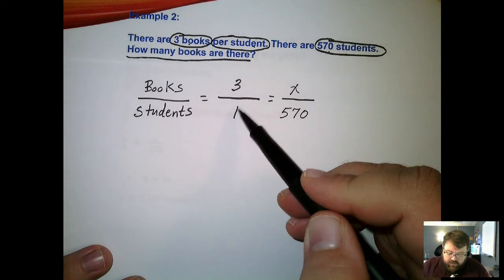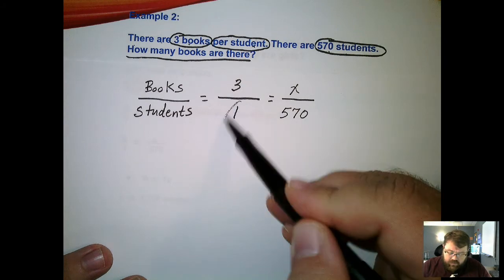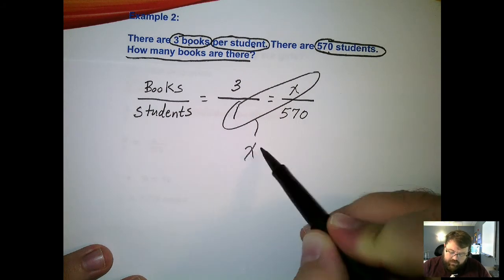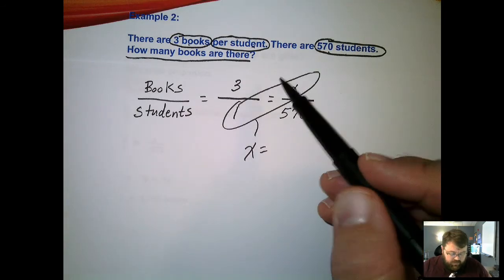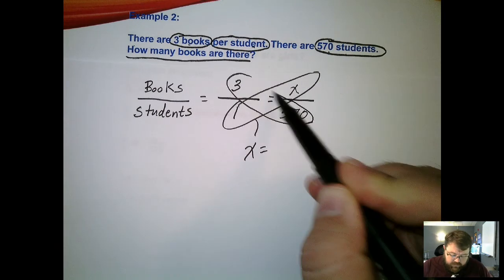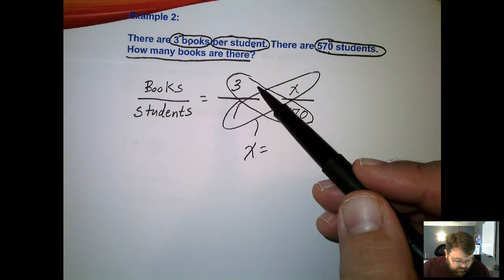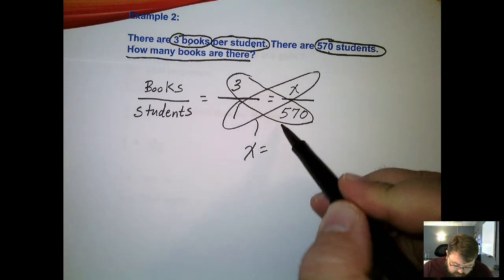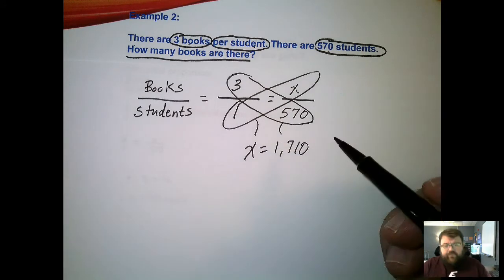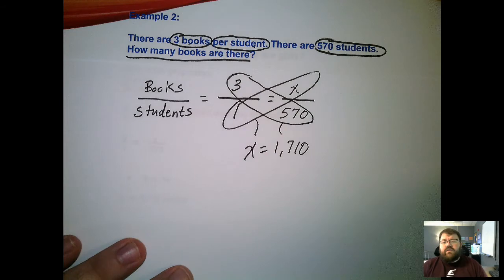For this one, you could say 1 times x is simply x, and 3 times 570 is going to be 1,710.